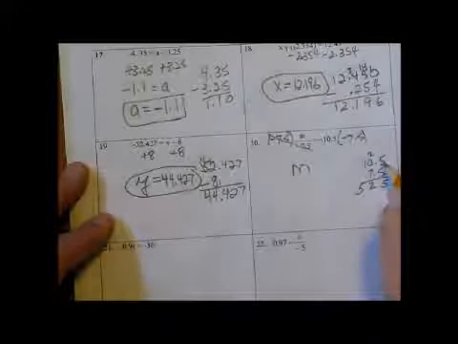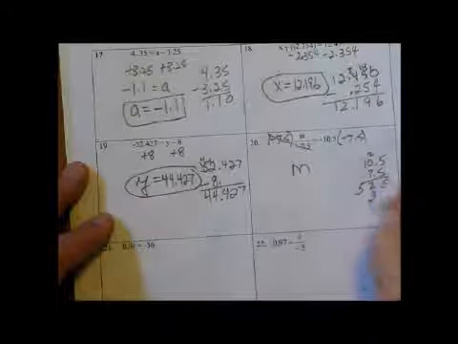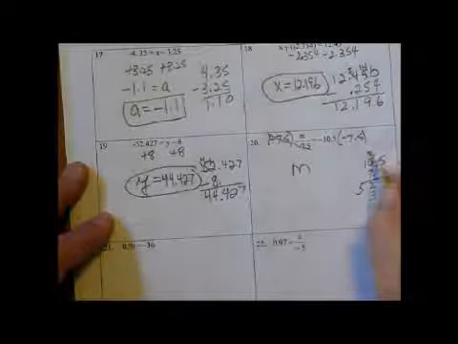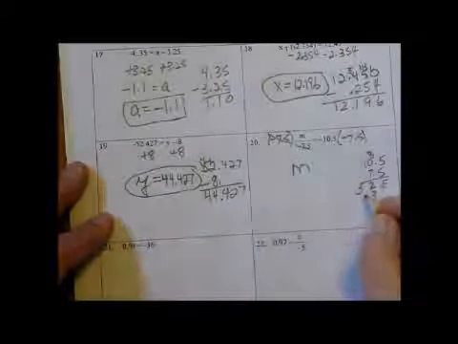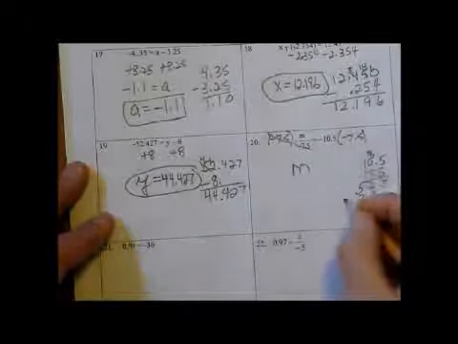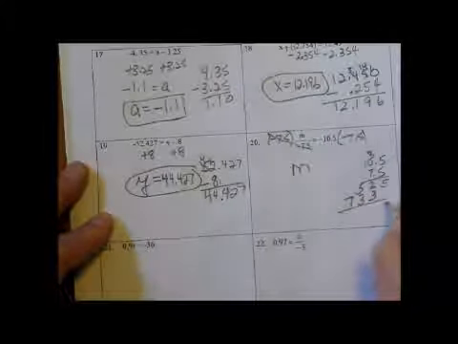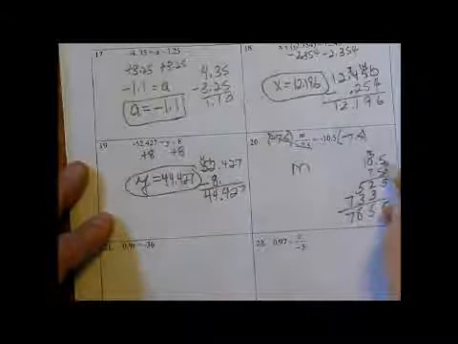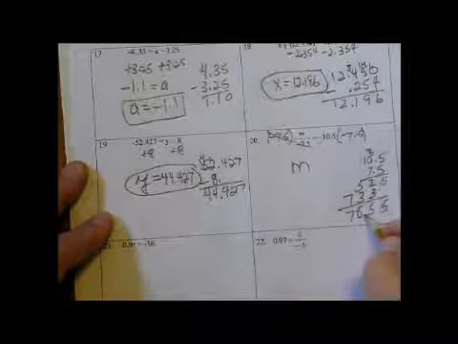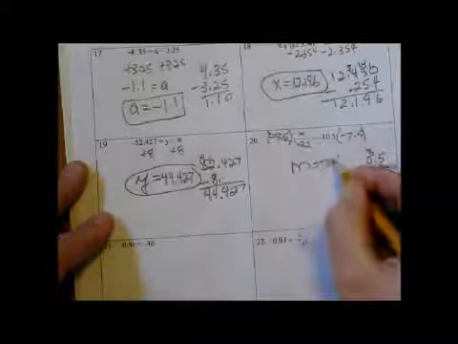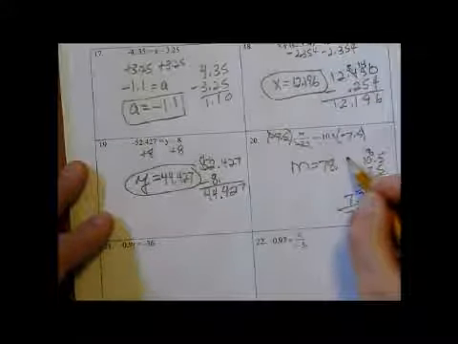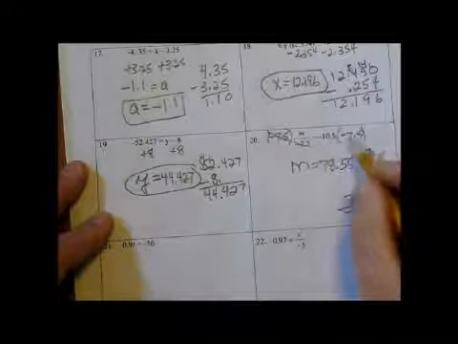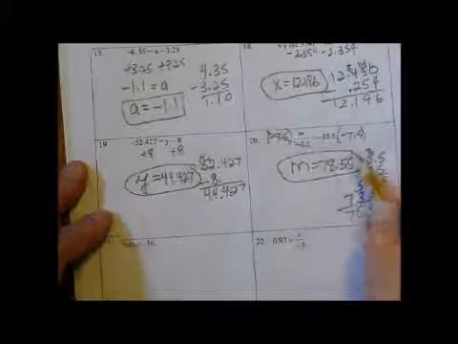We have 7 times 5 is 35. Carry the 3. 7 times 0 is 0, plus 3 is 3. 7 times 1 is 7. We get 5, 5, 8, 7. Go over 2, we get m is equal to 78.55, and again it's positive because we have a negative times a negative.